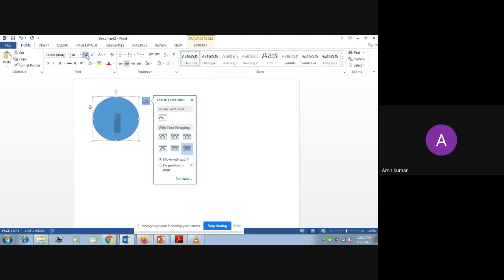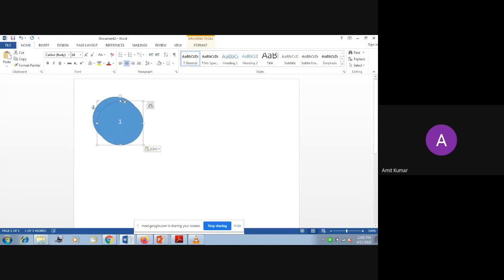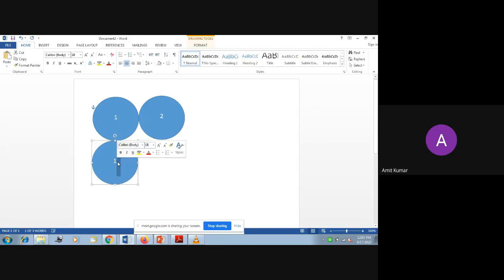Now the second antenna will be there, so I will draw the second antenna, which is adjacent to the first antenna. Now I will draw the third antenna, which covers the next area. So this one is the third antenna. Now you can take a fourth antenna.